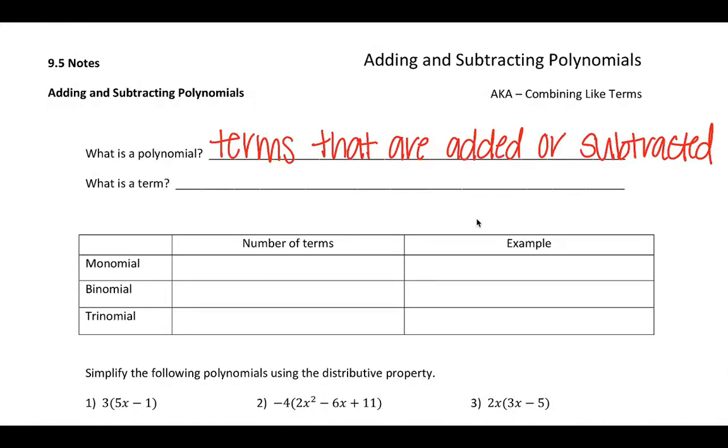What is a term? Well, we've talked about this all throughout this unit as well. Terms can be constants, variables, a combination of both constants and variables. And so the definition for this is a combination of numbers and variables, and these can have exponents.